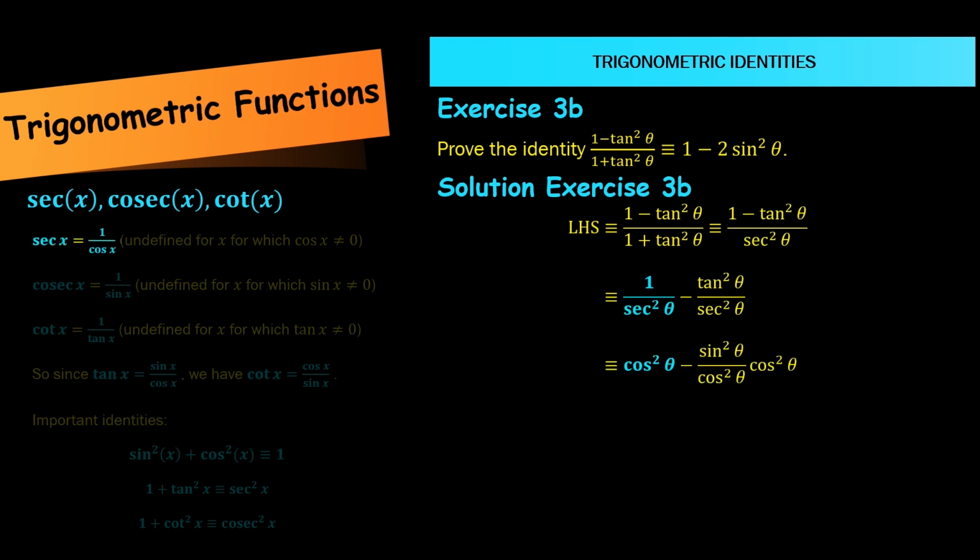Since sec equals 1 over cos, we have that 1 over sec squared is equal to cos squared, as shown. Tan can be re-expressed as sine over cos to give tan squared is identical to sine squared over cos squared. And 1 over sec squared is equal to cos squared, since sec equals 1 over cos. And now we can tidy up.